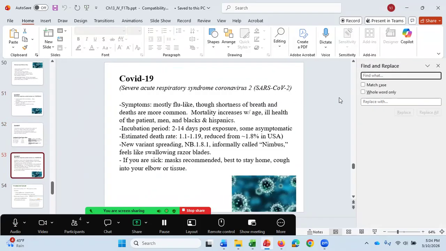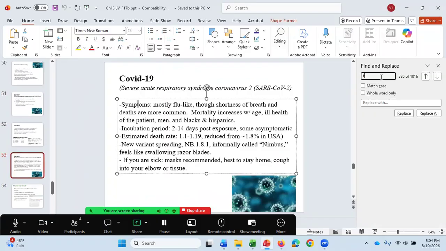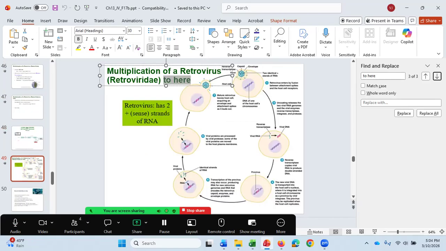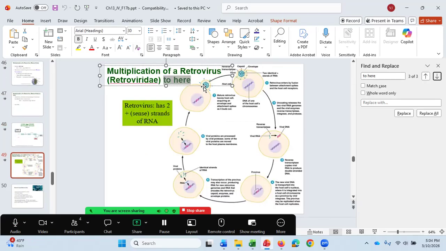So this is slide 53. All right. I have that we had talked about retroviruses. Is that correct? There's actually 3 of these. Remember, we had just started that.